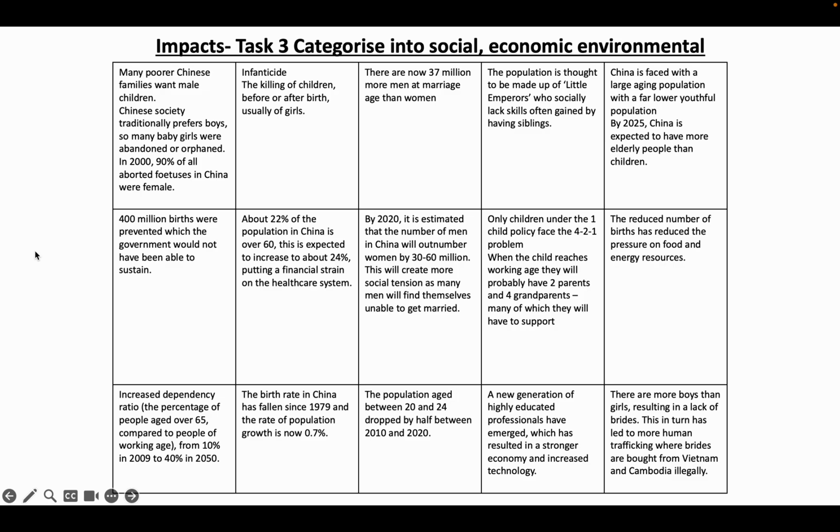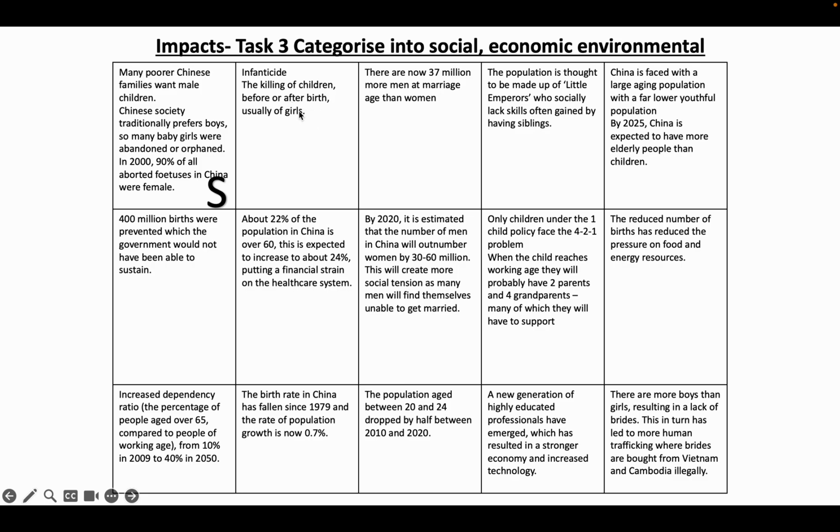So we'll just do a little task. We can categorize these into social, economic, and environmental impacts. So the first one, many poorer Chinese families wanted male children. In 2000, 90% of all aborted fetuses in China were female. So this is a social impact.